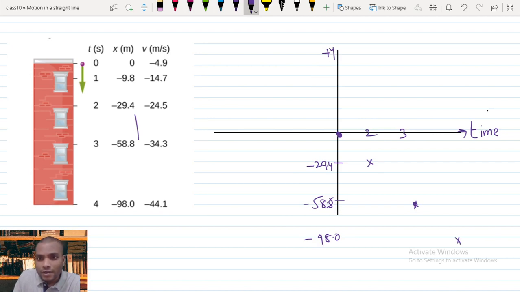So we get the position versus time graph, which is supposed to be a curve. So this is along the negative y-axis.